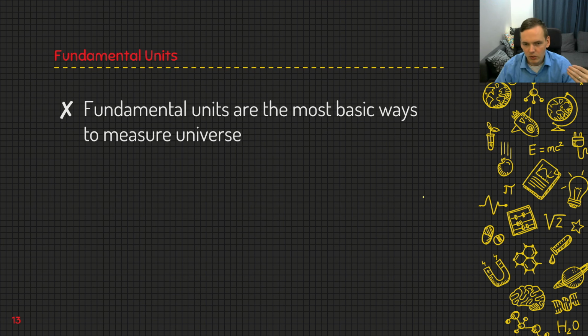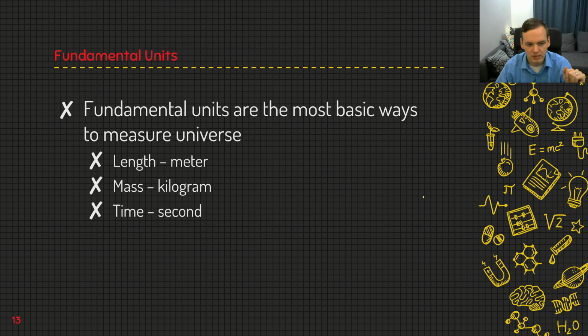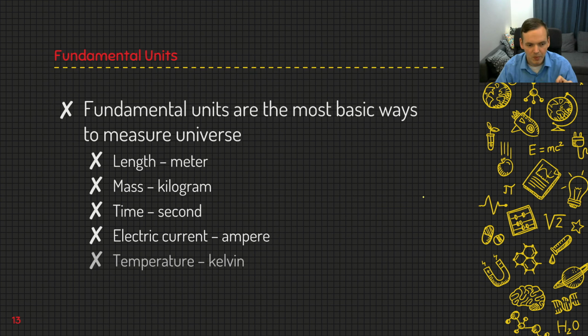So the first one, we have length, which uses the SI units, we use meters as the base unit. You've got mass, which we measure in kilograms in the SI unit system or the metric unit system. Time is measured in seconds. Electric current is measured in amperes, or sometimes you'll see amps.